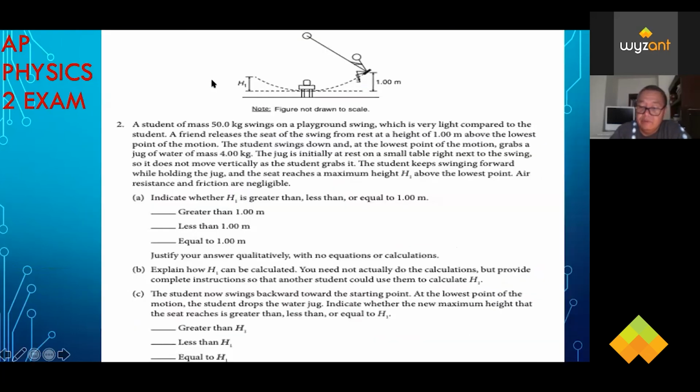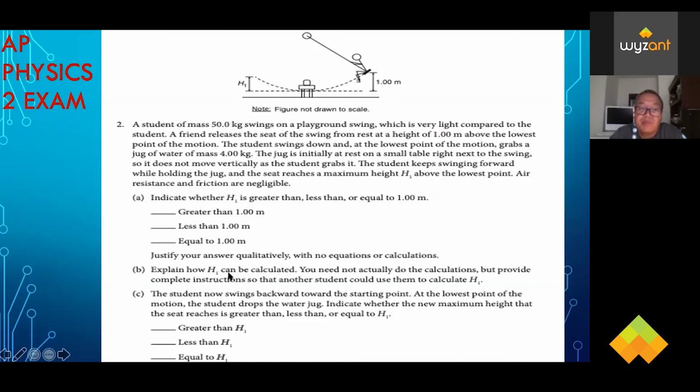Now, for the free response question, it's a different format. They give you a description of this problem. Then they ask you to indicate whether H1 is greater than, less than, or equal to 1 meter. Okay, you choose.